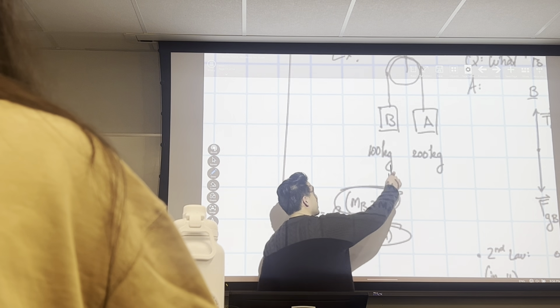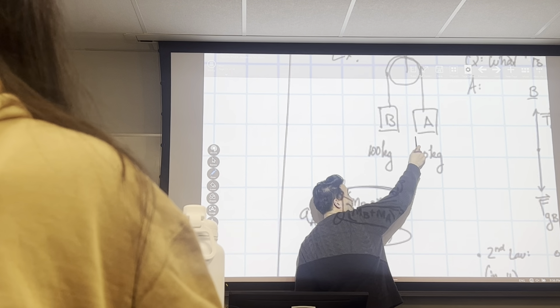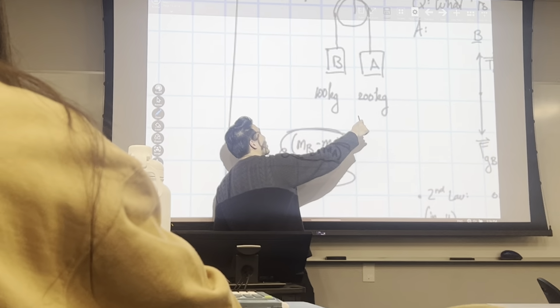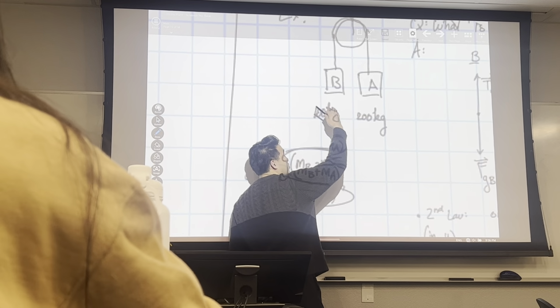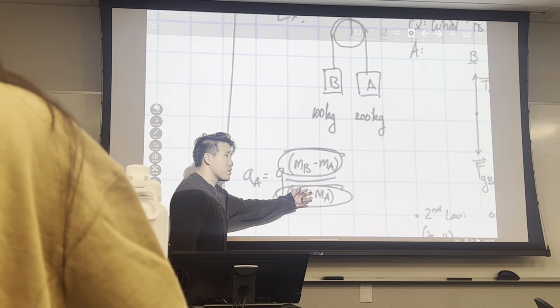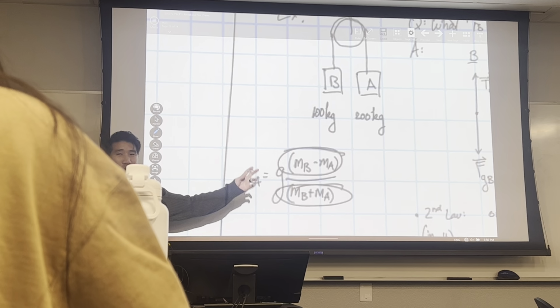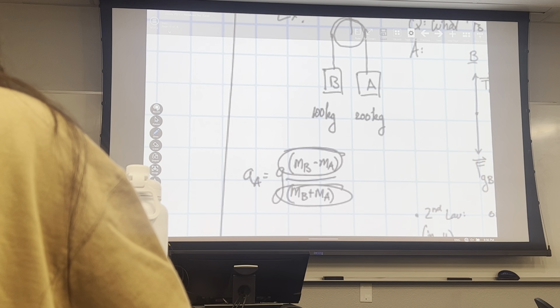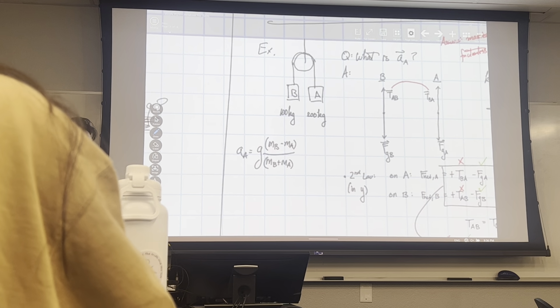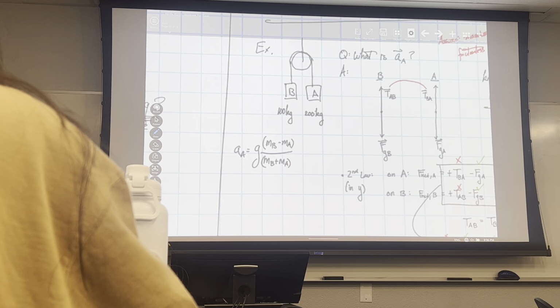So in a pulley, you have two competing forces. The net force goes up on the numerator, and the overall mass that the force is going to move shows up on the denominator. And of course, it's dictated by the gravitational constant. So that's how to understand this idea of a pulley.